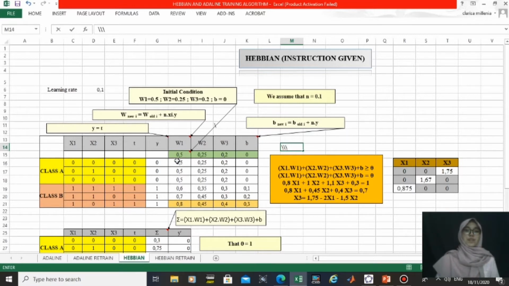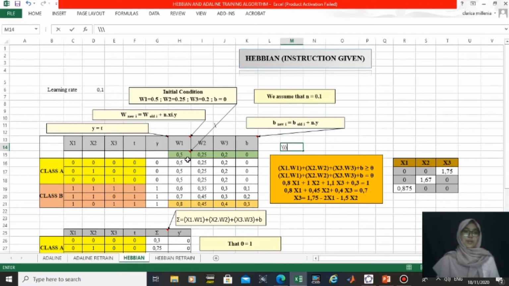If we want to get the w new or weight new, we can use this formula: w new equal to w old plus n times x times y. In this case, n is the learning rate, and we are using 0.1.